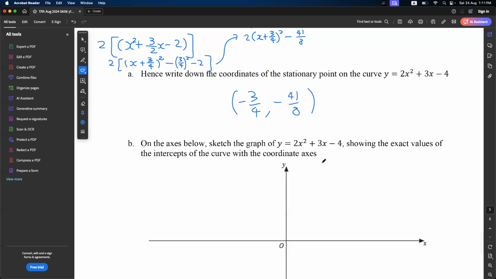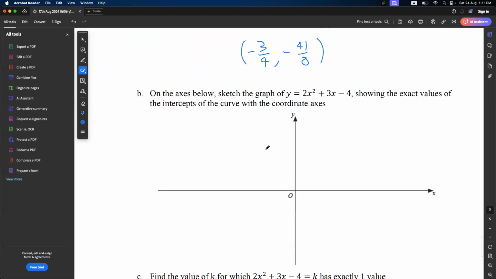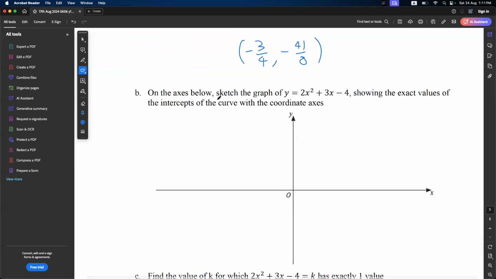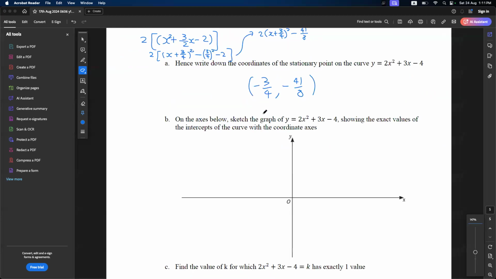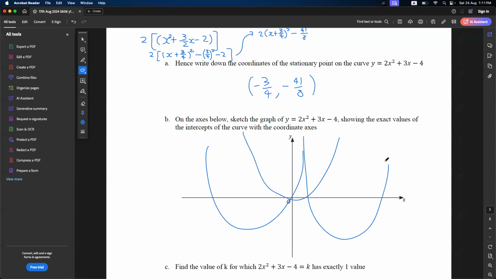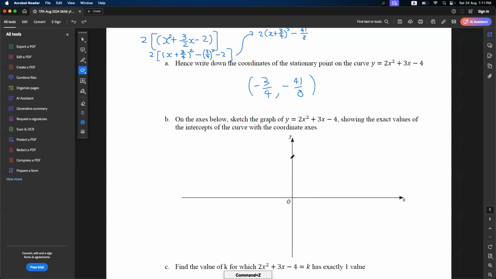On the axis below, sketch the graph showing the exact values of the intercepts. This part you actually need to use your calculator, but at the very least, we can roughly sketch our graph first. How should it look like?